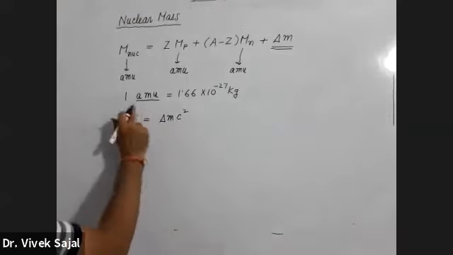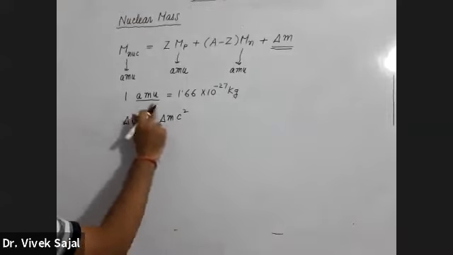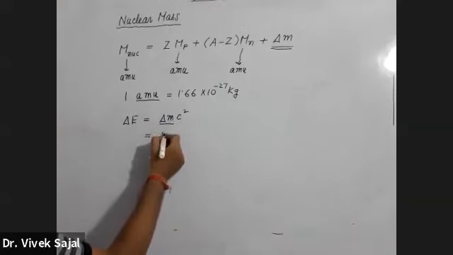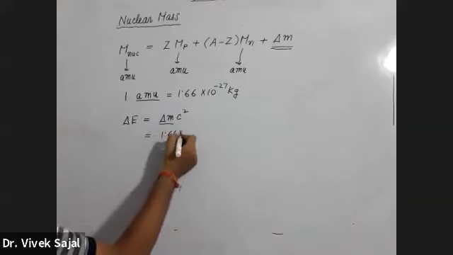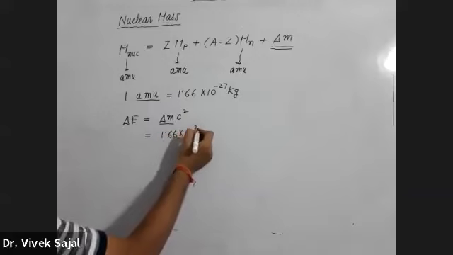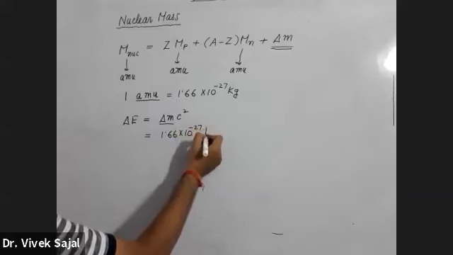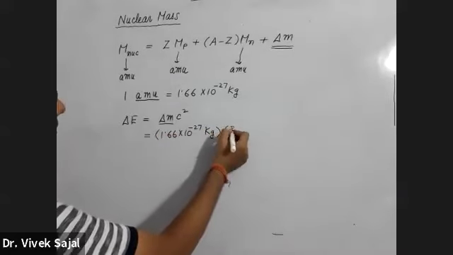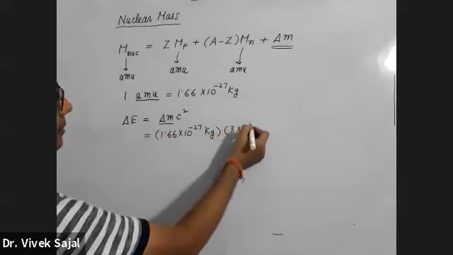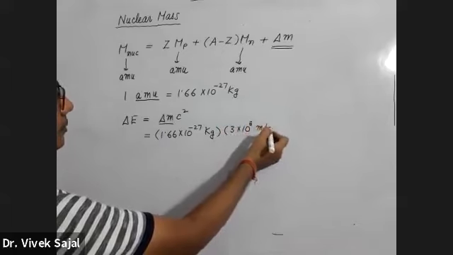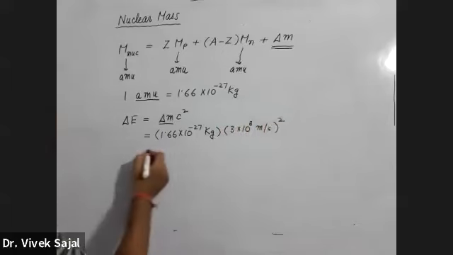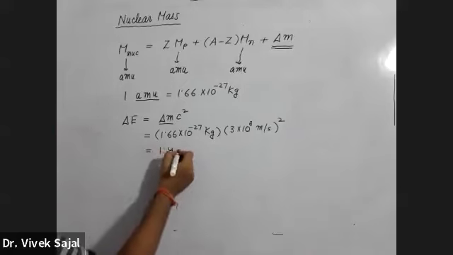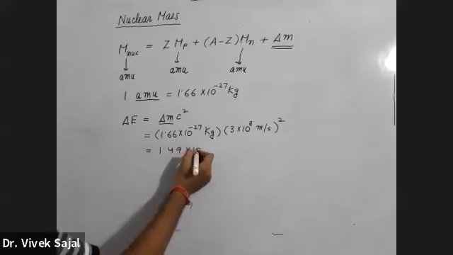So delta M will be 1.66 into 10 to the power minus 27 kg, and C square will be 3 into 10 to the power 8 meter per second, squared. Whatever I get will be in joule. This will be 1.49 into 10 to the power minus 10 joule.